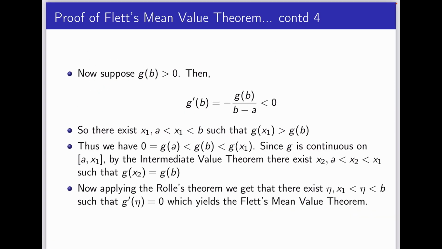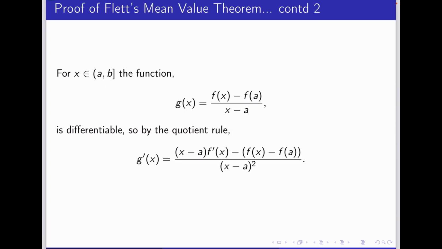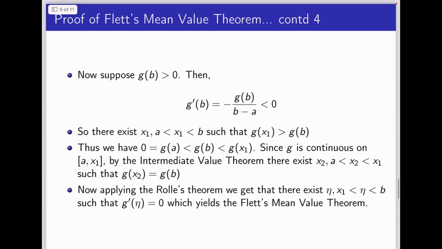Suppose g(b) is greater than 0. G prime b, the expression that we see here, would reduce to minus g(b) divided by (b minus a), and since g(b) is greater than 0, this quantity is less than 0. So g prime b is less than 0 and g(b) is greater than 0.